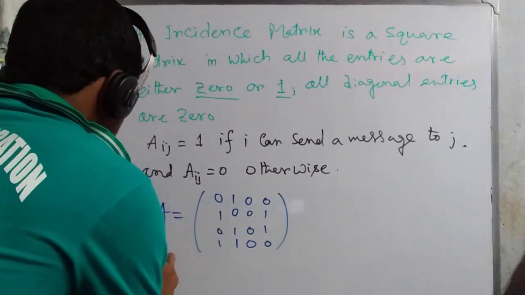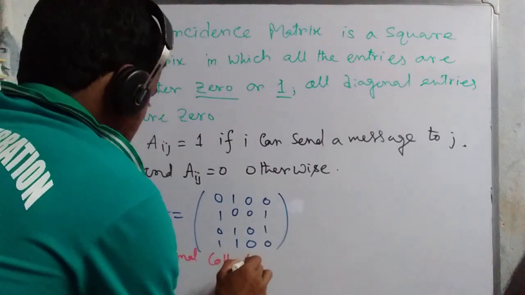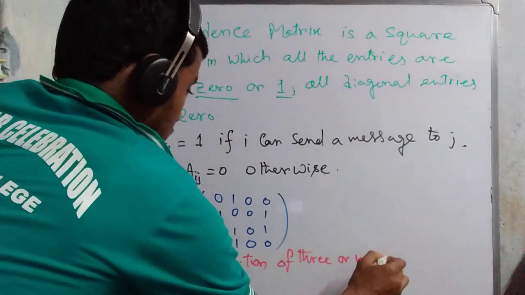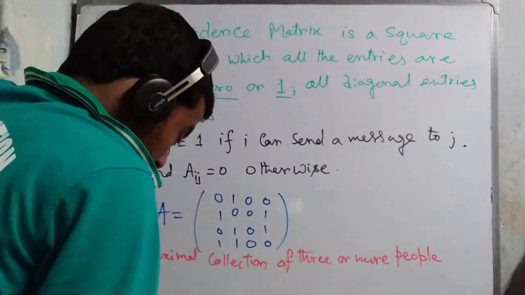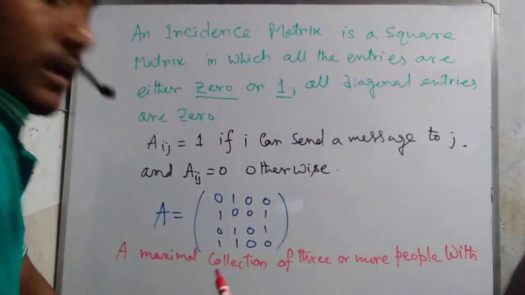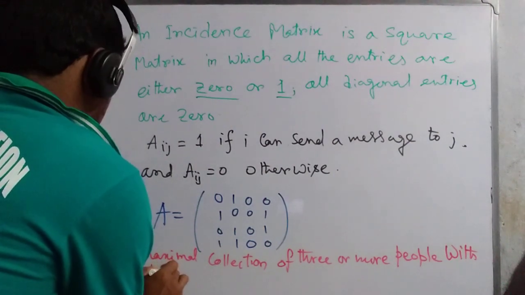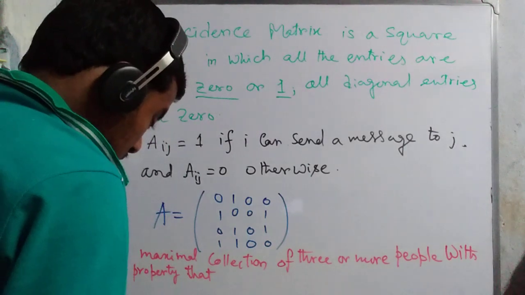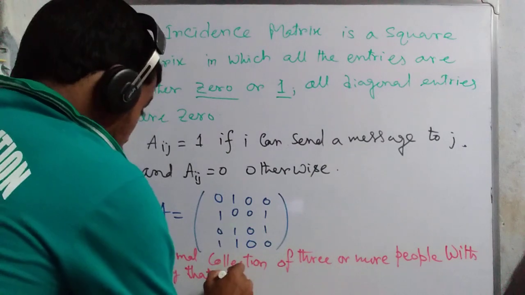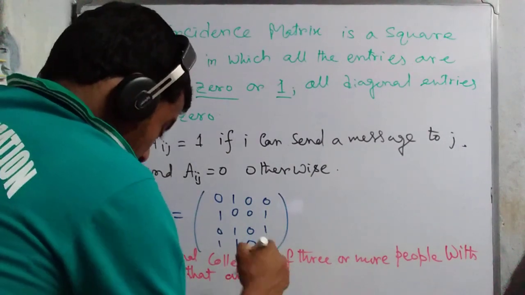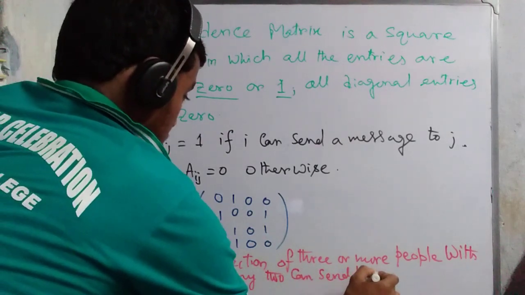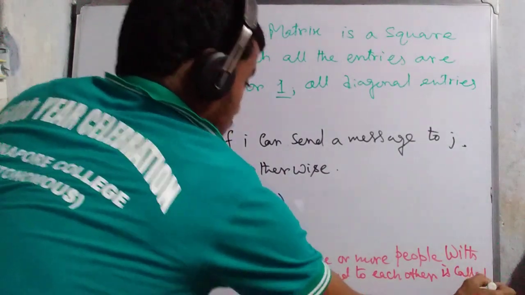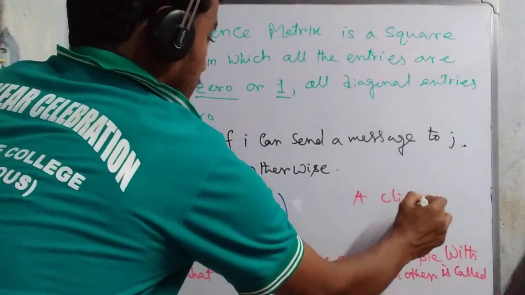A maximal collection of three or more people with the property that any two can send to each other is called a clique. Understood?